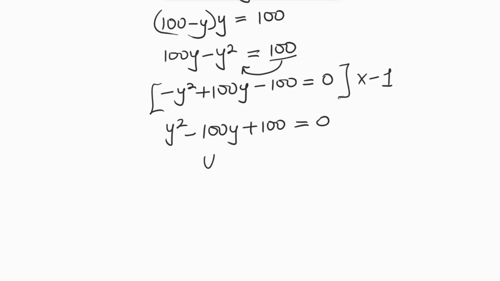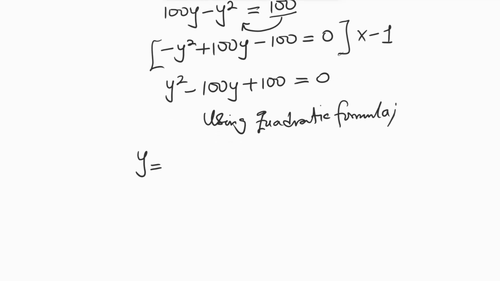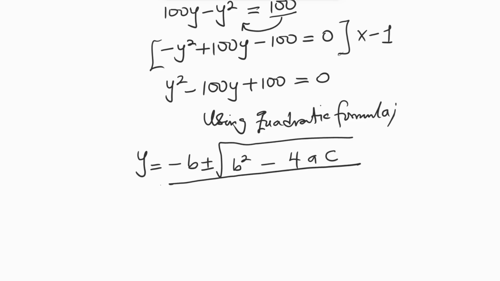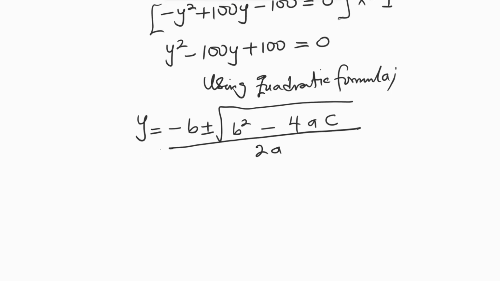Now, using the quadratic formula, we have that y is equal to minus b plus or minus, now this is the formula, the square root of b squared minus 4ac, and that's all divided by 2a.